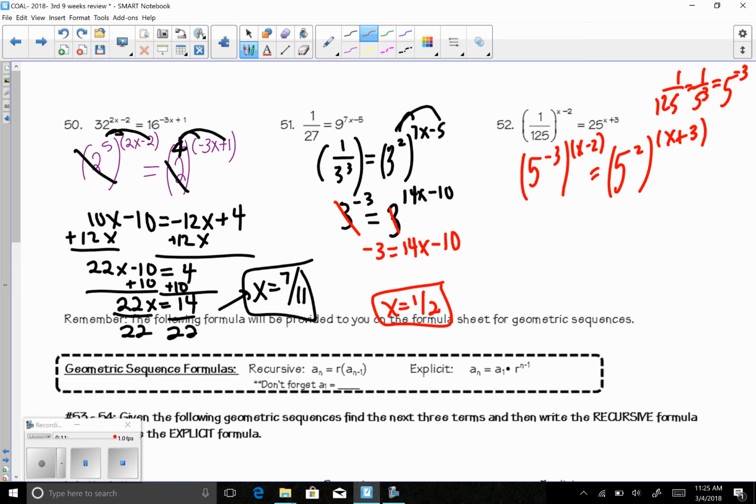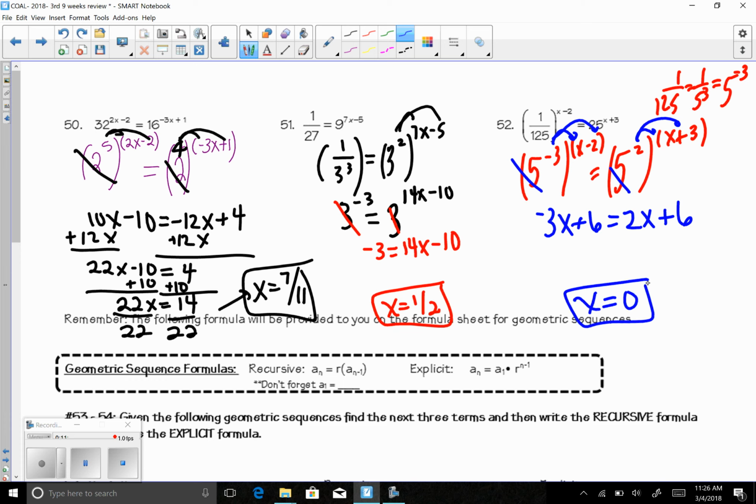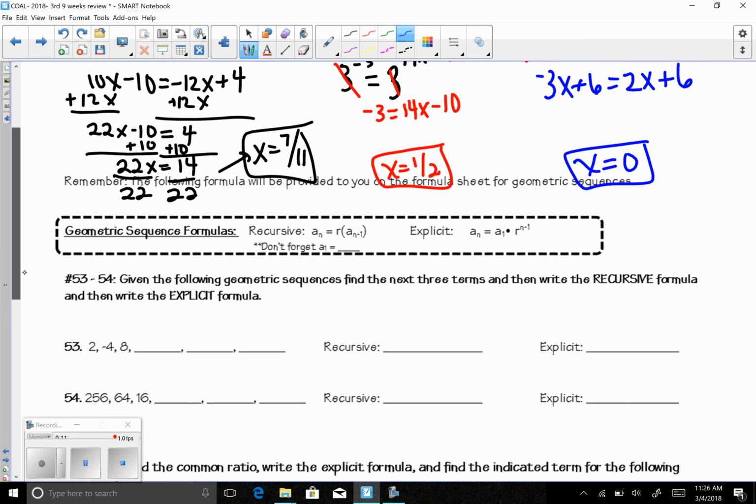Okay, I can drop the bases and remember to distribute those exponents. Negative 3x plus 6 equals 2x plus 6. Okay, and as you guys keep going, you should get x equals 0 there. Okay, so remember, you can pause this, go back at any point that you need to.